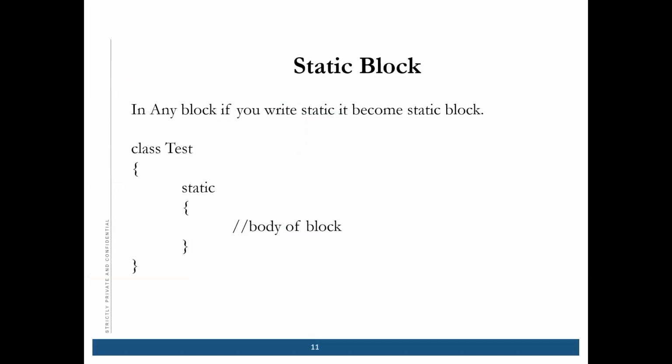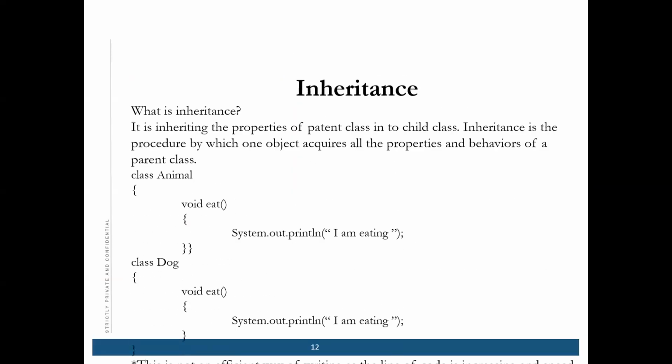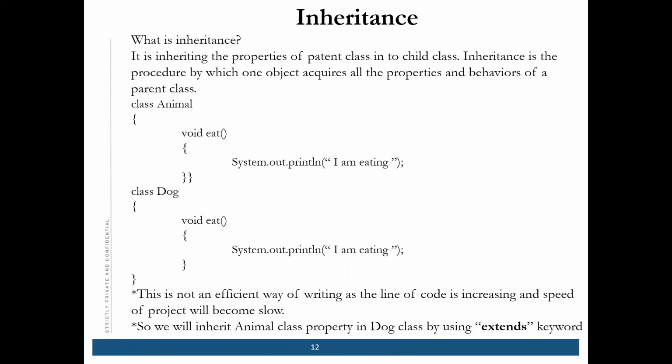Okay. Now comes the next new topic, which is inheritance. We might not complete it fully, but we'll try to complete whatever we can. So what is inheritance? Can anyone tell what inheritance means in simple English?